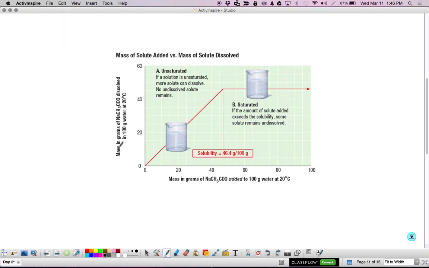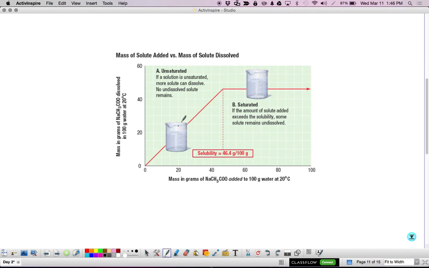So if I put in 5 grams of sodium acetate into this water, I'm going to get 5 grams of sodium acetate dissolved. Down here, we say that this is unsaturated. If a solution is unsaturated, more solute can be dissolved. No undissolved solute remains. So down here, I could add more and I'd still get more.